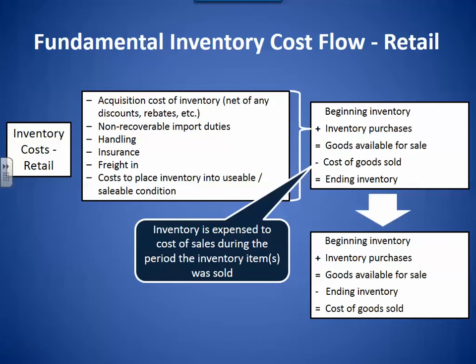If we want to compute the cost of goods sold, we switch this inventory formula around a little. We take our beginning inventory, add in our purchases, which equal our cost of goods available for sale. We count our ending inventory at the end of the accounting period, we value it, and then we subtract out that ending inventory, which will equal our cost of goods sold.